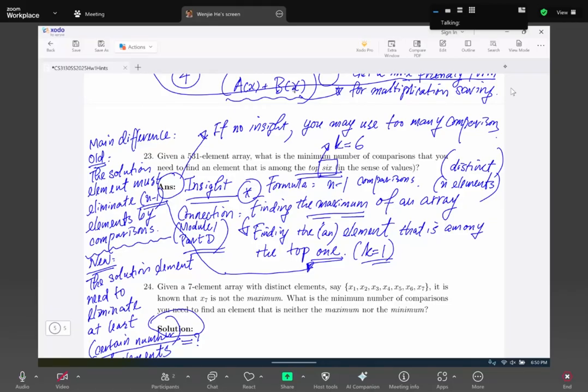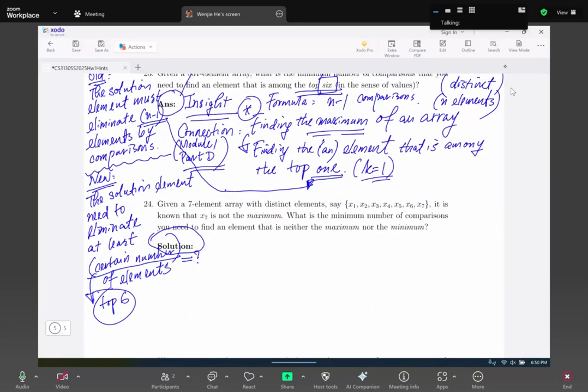But solution, when you see solution, you need to provide the solution details. The detail is important. Details for full credit.